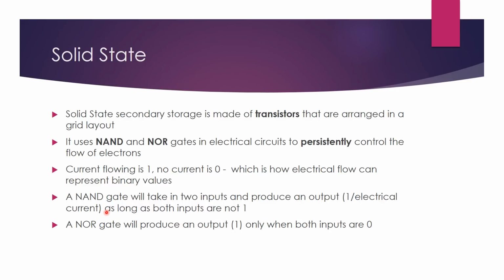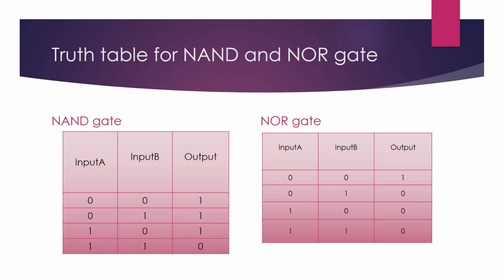A NAND gate will take in two inputs and produce an output as long as both inputs are not 1. A NOR gate will produce an output 1 only when both inputs are 0. So NAND gate and NOR gate both are going to use input A and input B, two inputs.